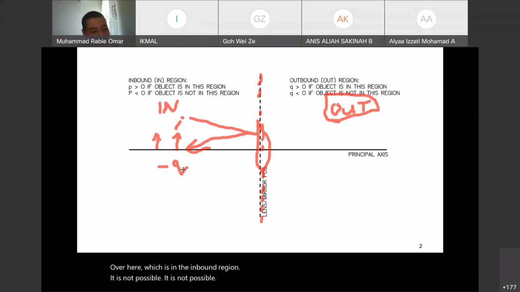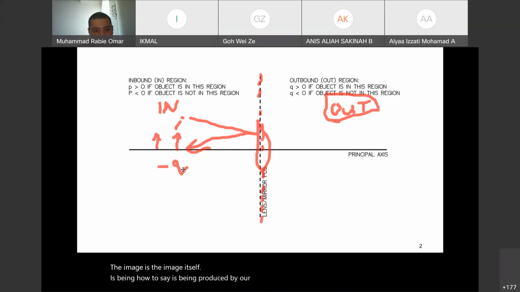So whenever the image is being formed in the forbidden region, meaning to say the image is virtual. The reason why we call that as virtual is that the image itself is being, how to say, produced by our brain.